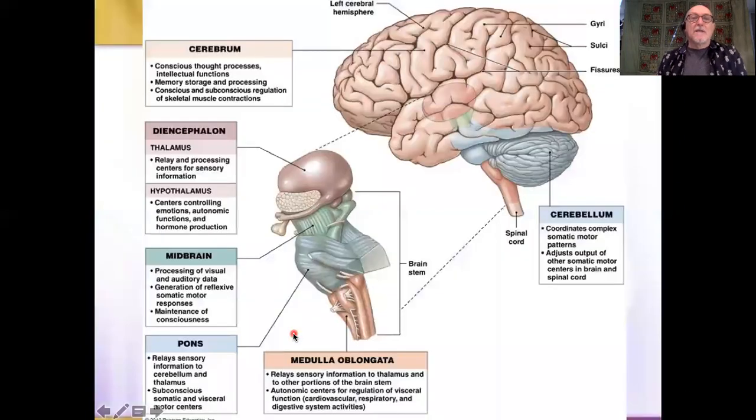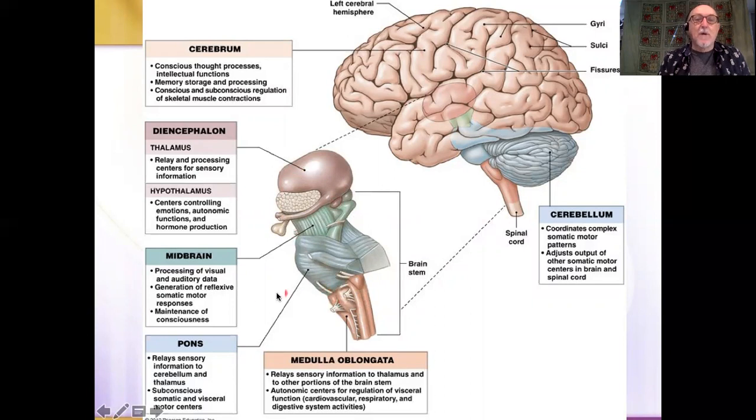So let's have a quick review of what we've seen so far. I'll try and orient you by looking first of all at the bottom of the brain, as the brain joins the spinal cord here. This whole area is called the brain stem.